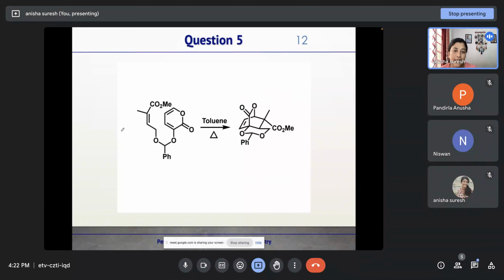As we can see here, they have flipped this molecule such that this diene and the dienophile will be coming in close proximity, so that it will undergo a Diels-Alder reaction. I will show you how it is drawn.